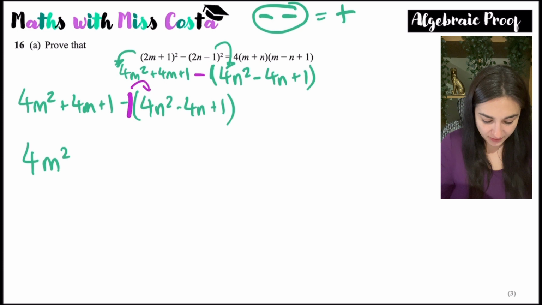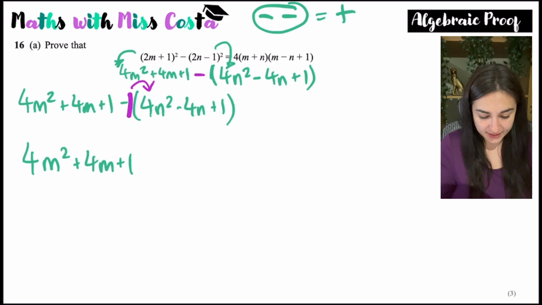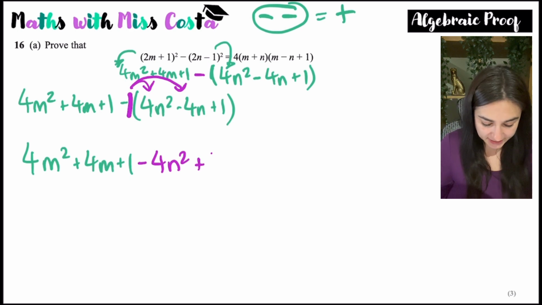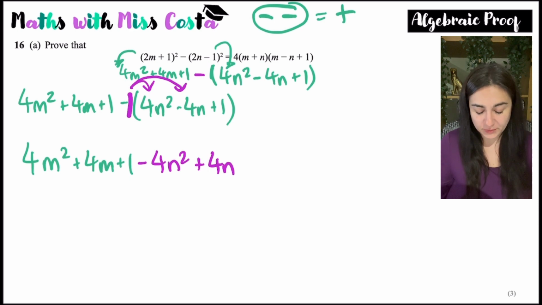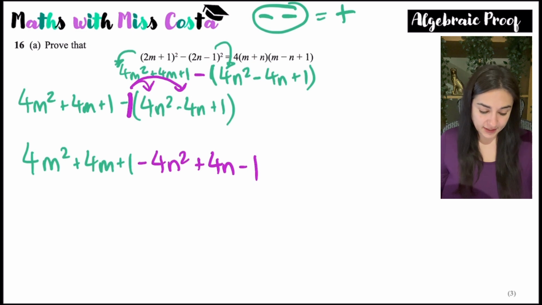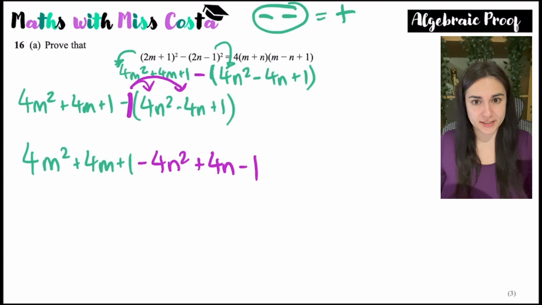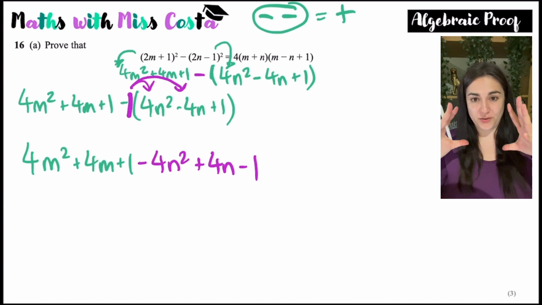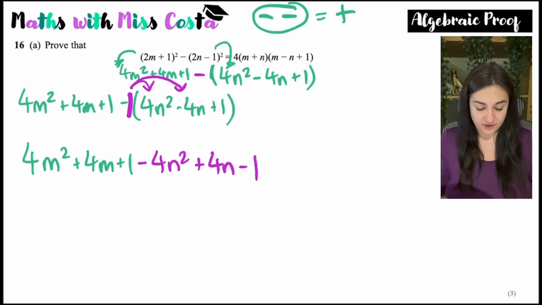So that would effectively be, let's write out the rest, minus 4n squared, and then minus 1 times minus 4n, or minus 1 take 4n, is going to give me plus 4n, and then minus 1 times 1 is minus 1. Okay, so you choose whichever way works better for you. If you're confident subtracting the terms individually and you know you're subtracting a negative and therefore it's going to be a positive, just do that. If not, when you're subtracting an expression, a collection of terms, put it in a bracket and then put a negative 1. You've already got a negative, just stick a 1 in front of it and expand the bracket like that.